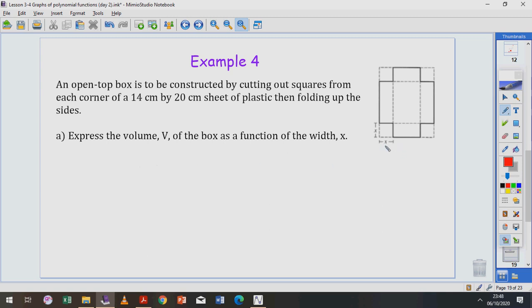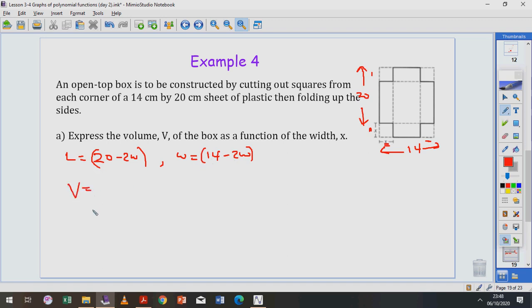So if this is x and this is also x, the width was initially 14 and the length was initially 20. From the width, they're cutting out two x's because they're cutting out this x and also that x. And from the length, they're also cutting out this x and that x. So the new dimensions are: the length is its initial 20 minus 2x, and the width is its initial 14 minus 2x.